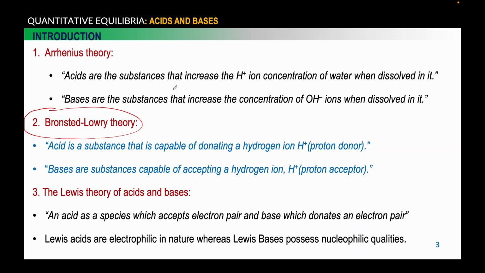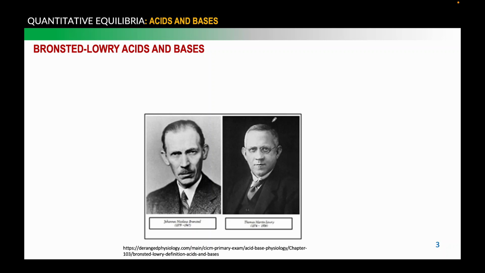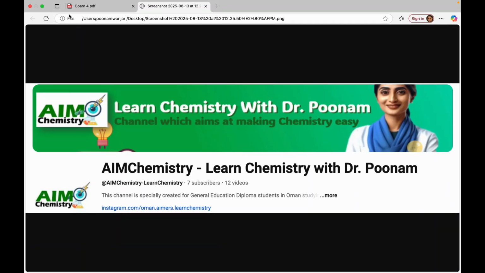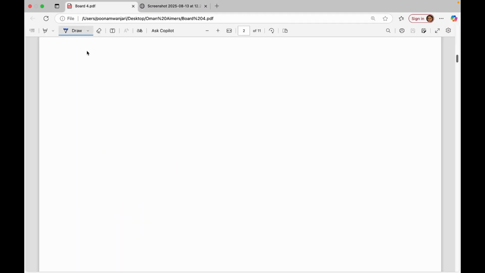There were some drawbacks of Arrhenius theory, so Bronsted and Lowry, two different scientists, independently proposed in 1923 a more general definition of acids and bases. So, with examples, we will discuss how they define acid and base.